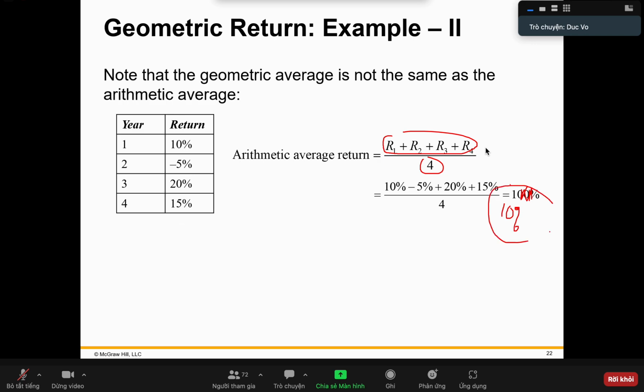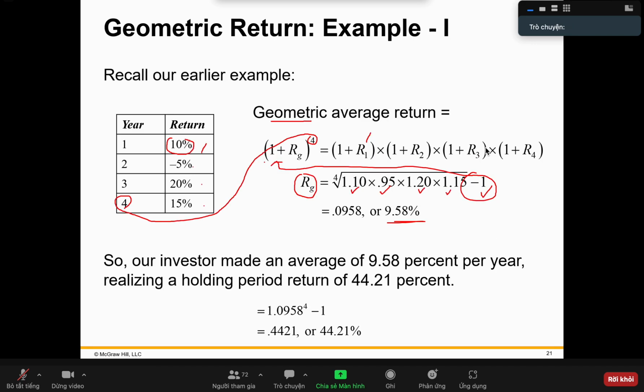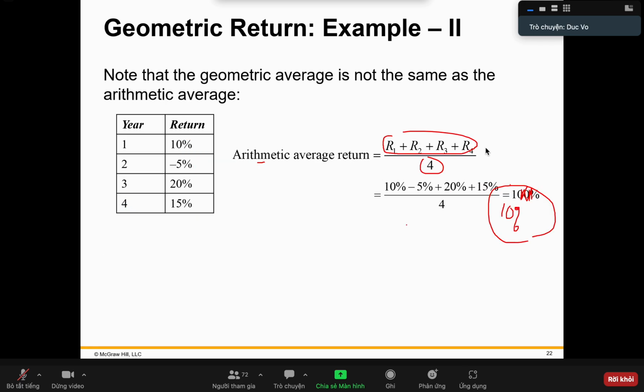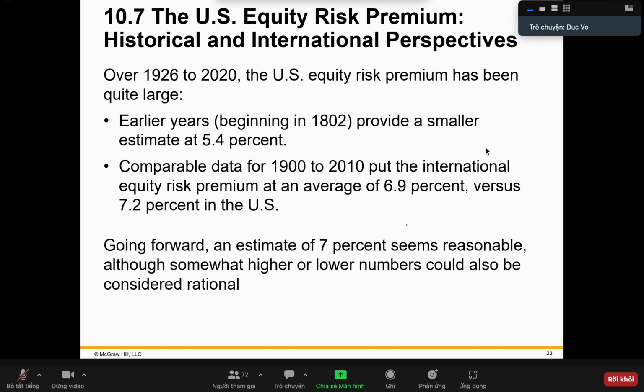Right. So the average method gives 10%, the geometric 9.58%. So it confirms our view that the geometric will be less than the average method. So the average method is very optimistic, whereas geometric represents very pessimistic, and that's very important, right?